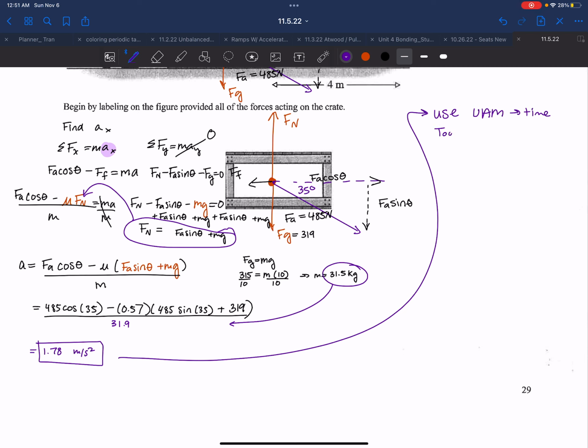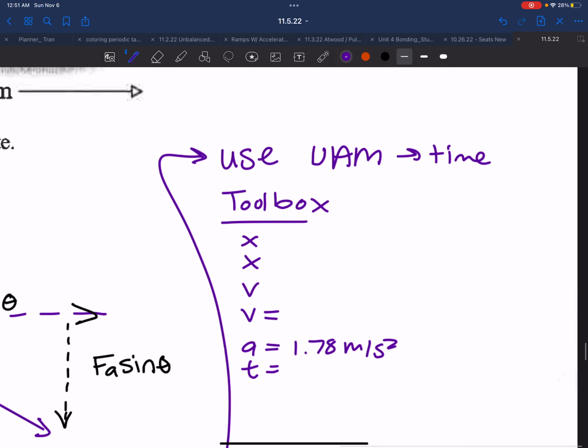Of course, we are going to need to set up our toolbox: x, x, v, v, a, t. Acceleration is already given to me, so I have 1.78 meters per second squared. I'm going to zoom in on this.